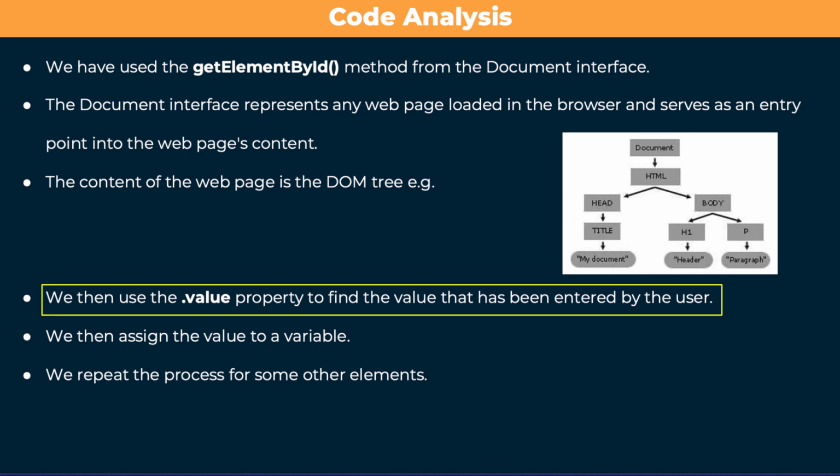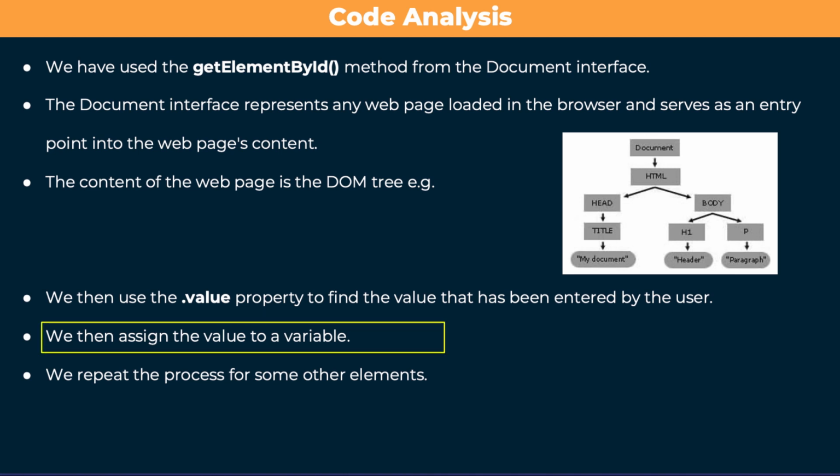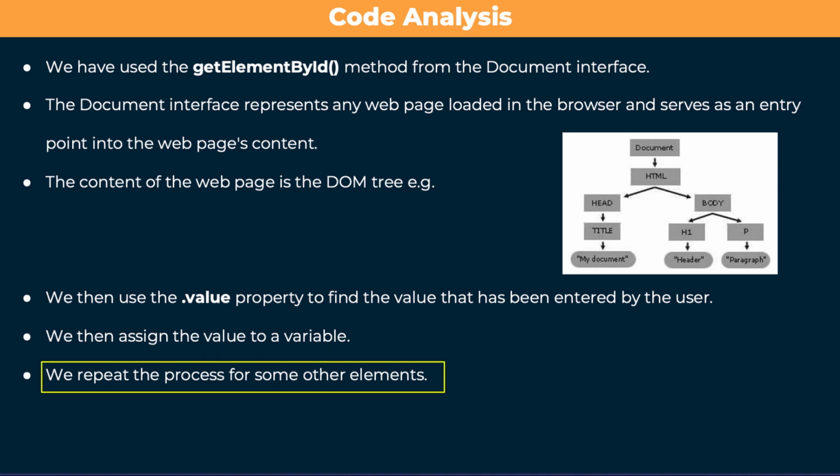We then used the .value property to find a value that has been entered by the user, and then we assign the value to the variable, and we repeated the process for each of the elements. So we just do that for every element that we want.